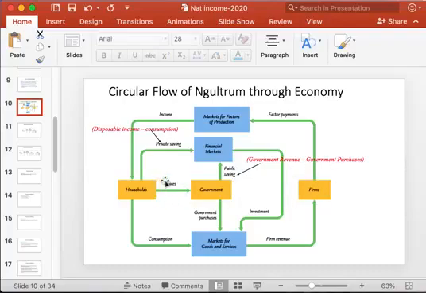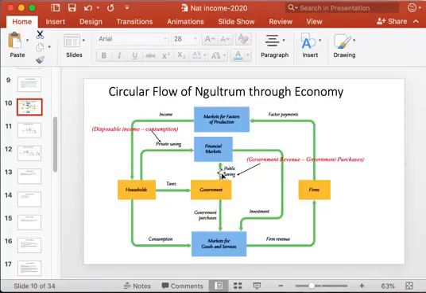So government revenue is represented by this here, taxes. So government earns revenue through taxes and other investment projects, and the public saving here is equal to nothing but the government revenue here, which is earned from this source here, minus the government purchases here.